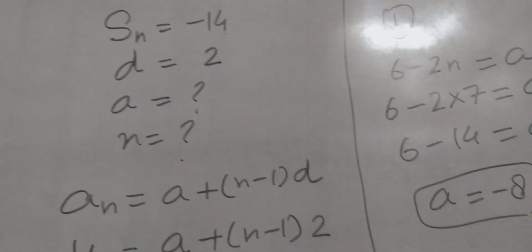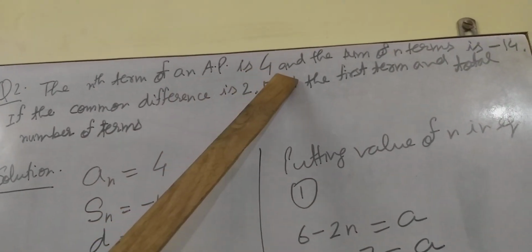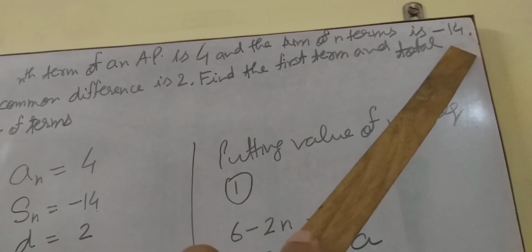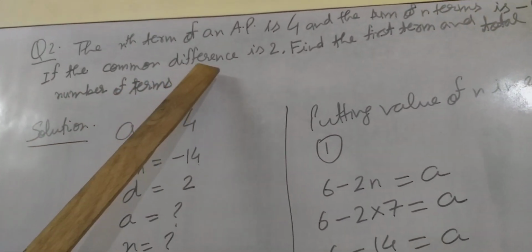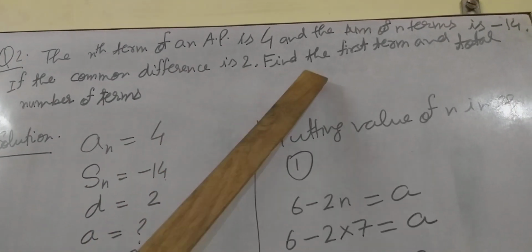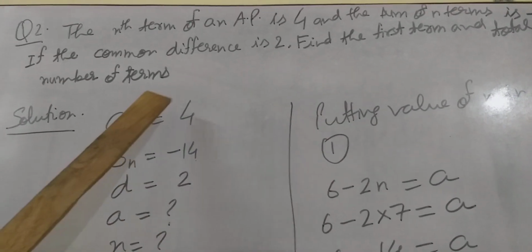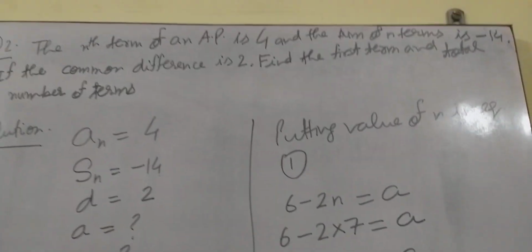Okay students. Now student, next question. The nth term of an AP is 4 and the sum of n terms is minus 14. If the common difference is 2, find the first term and the number of terms.